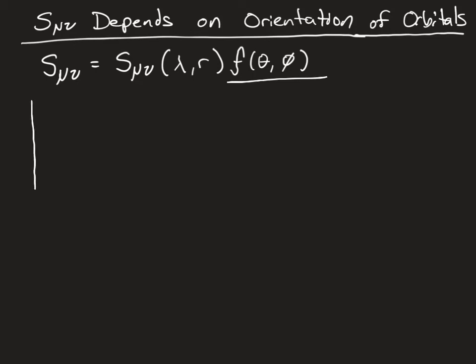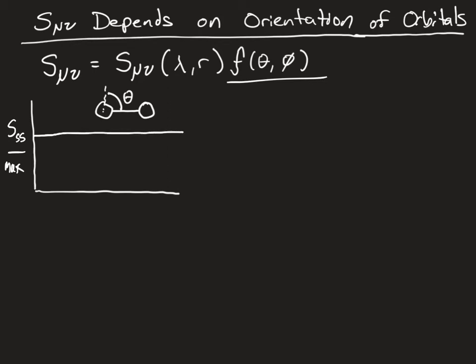If we're looking at two s orbitals, s, s, and we look at some bond angle going from 0 to about 90 degrees, and we look at the overlap integral over its maximum possible value for that SS overlap integral, we're going to see that it remains constant as we go across, because no matter how you're oriented, there's always going to be overlap in that sphere. It's spherically symmetric.